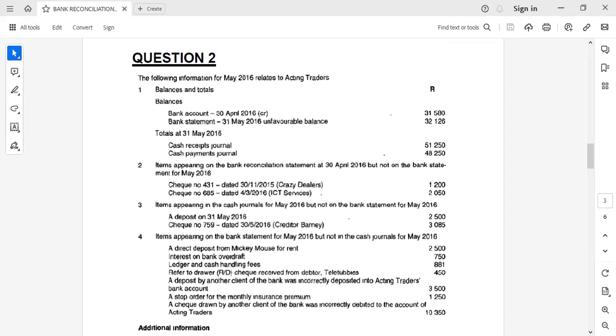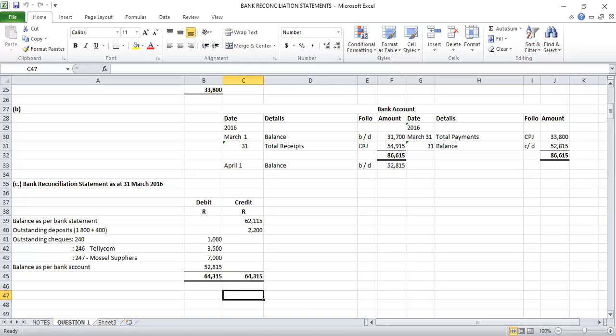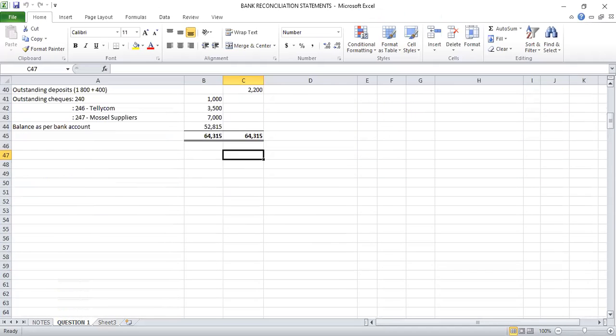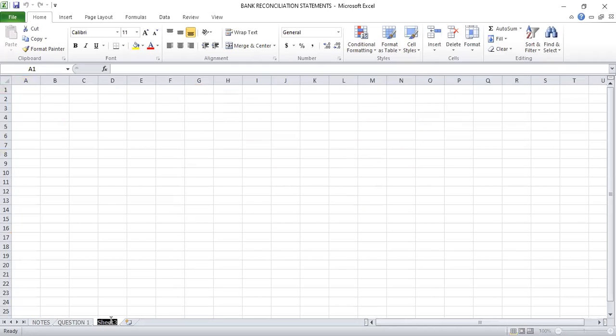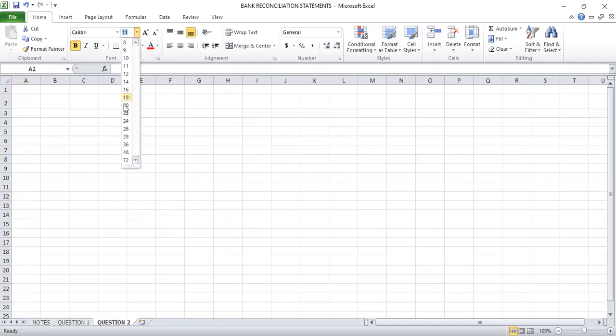So the following information for May 2016 relates to acting traders. So we're dealing with question 2. So this way, you need to understand the nature of the transaction and where it goes.